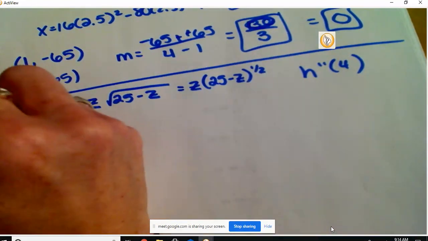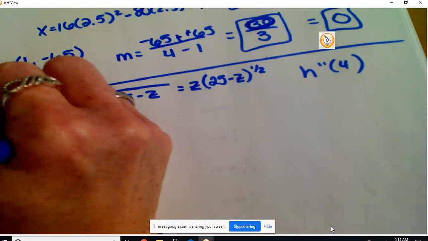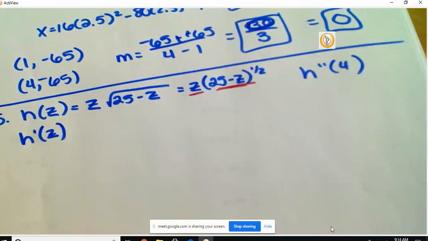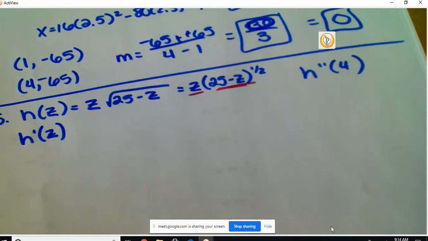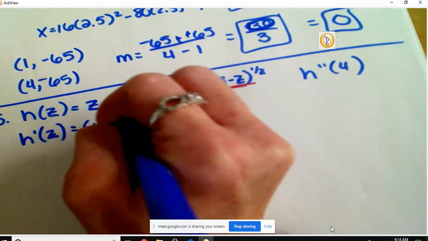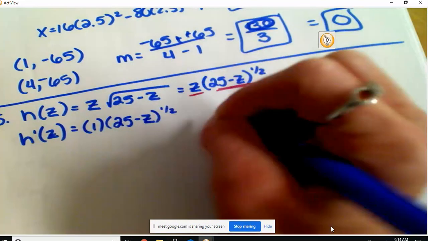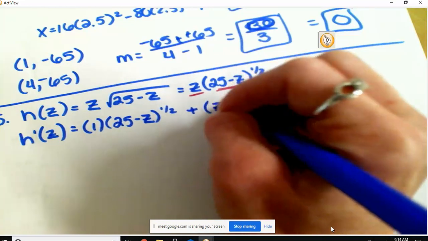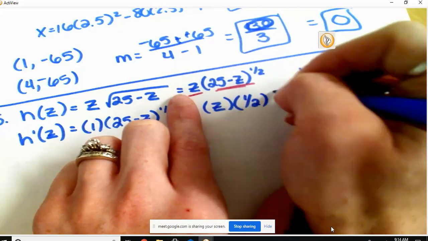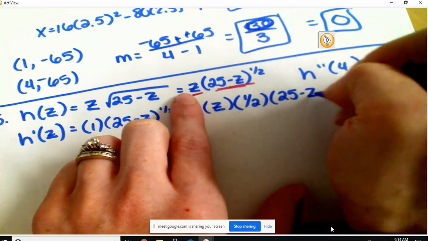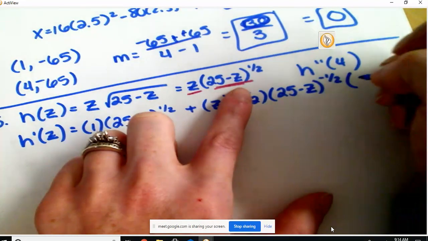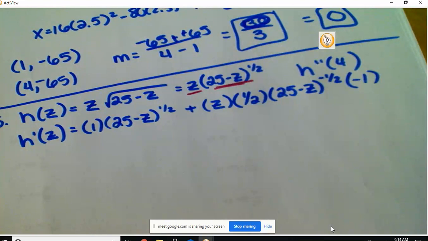You guys ready? So first derivative. What do we have to do here? Product rule. We have two things being multiplied, so product rule. So derivative of the first will be 1 times the second plus the first, so z, derivative of the second, so the exponent comes down, inside stays the same, subtract 1 from the power, we have to do the chain rule, derivative of the inside is negative 1.